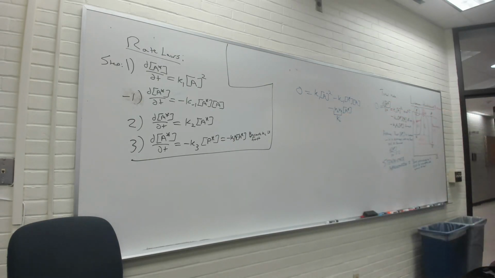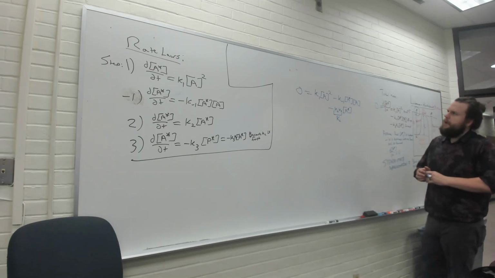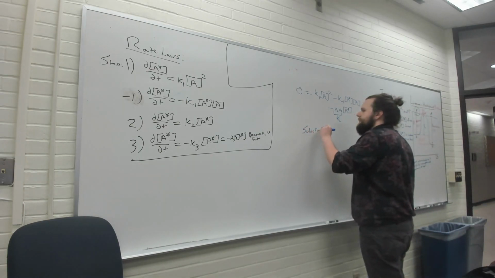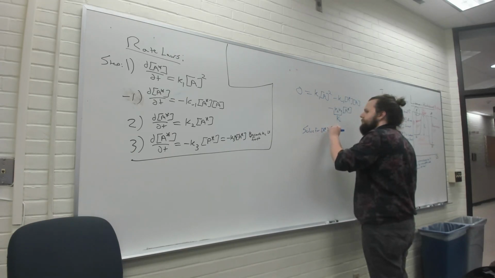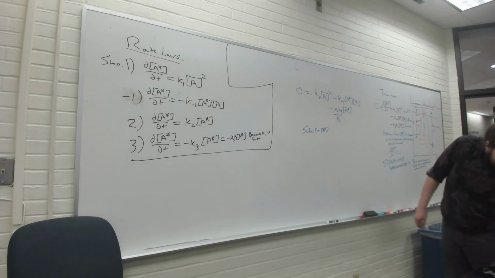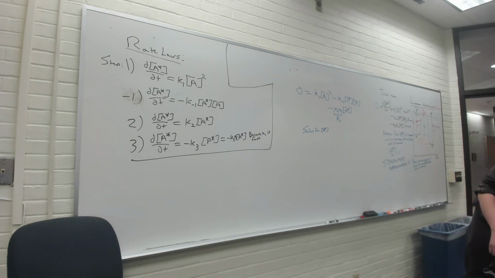And we can solve for A star. Since the concentration is constant, it seems reasonable to solve for it. I'm not going to do the algebra, but the algebra is not too hard.